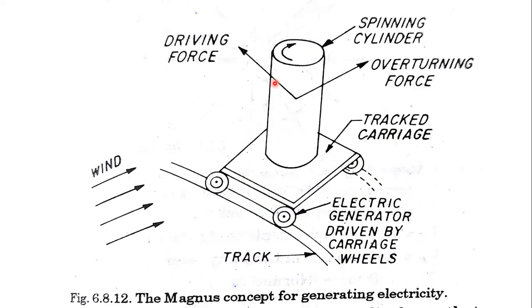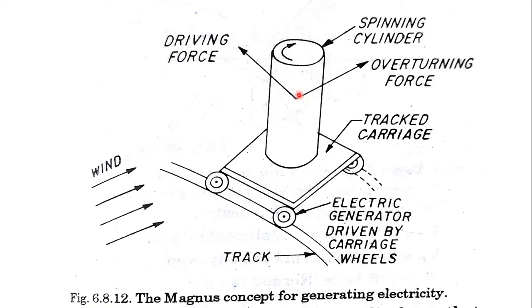When a stationary horizontal cylinder is rotated about its axis in a crosswind, the wind is flowing like this. This is termed a crosswind. When this horizontal cylinder is rotating about its axis, it will experience a lift force.